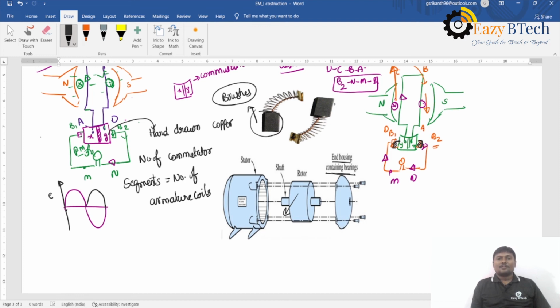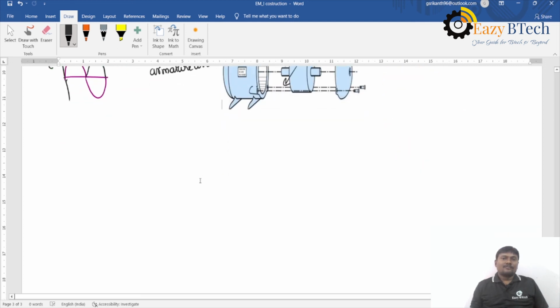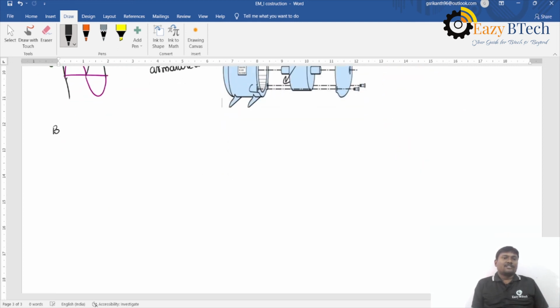See guys, brushes are made up of carbon, and we use brushes to collect the current from the armature in a generator, and to give the current to the armature winding in a motor. So generally the brushes are made up of carbon.